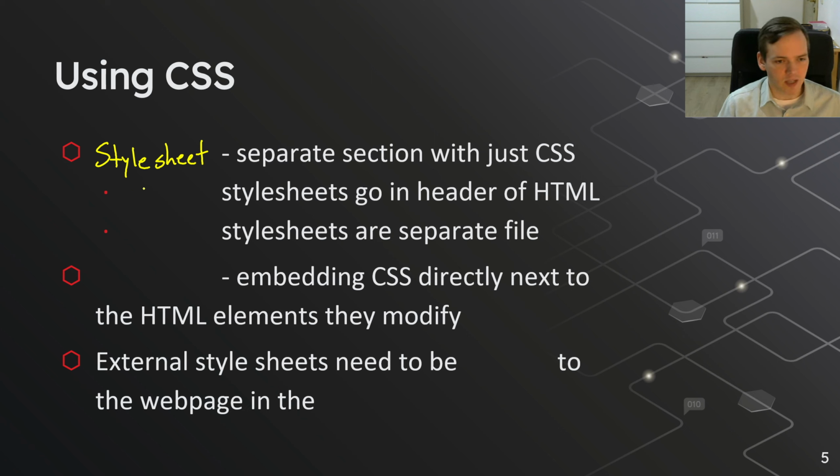There's two types of style sheets we'll talk about. First is an internal style sheet, and this is where at the top of your HTML you'll have a section that'll say style, and then it will close with style. And then you'll have a bunch of CSS in here, but it's in the same .html file.